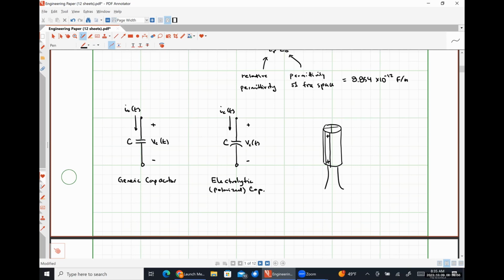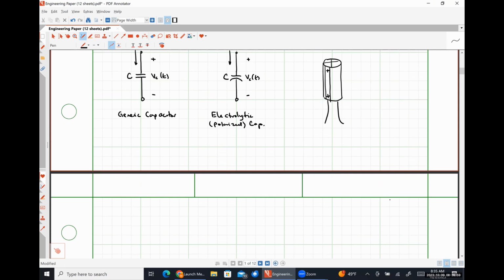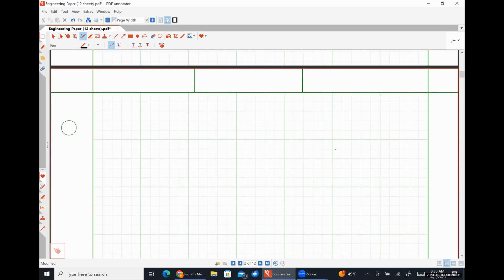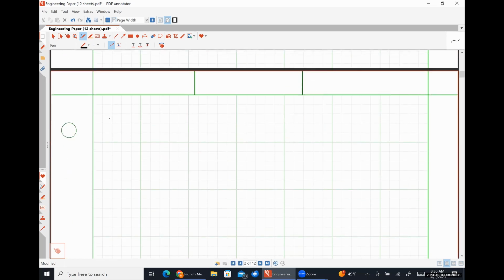So now let's talk about our relationships. Our first relationship for capacitors is as follows. Capacitor current, by definition, will be the change in capacitor charge with respect to time.